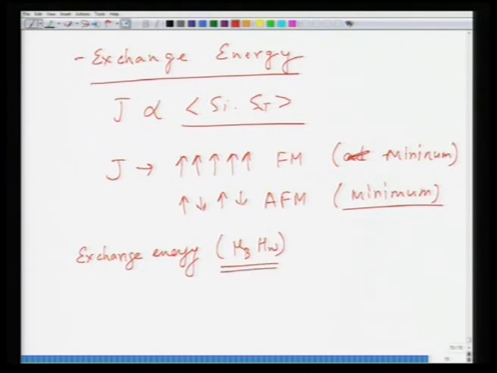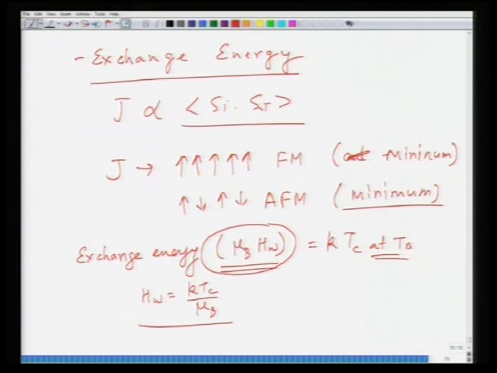If you relate it to thermal energy kT at Tc, this H_W will work out approximately to kTc divided by mu B, because at Tc this exchange energy or the internal energy will be overcome by thermal energy. That is where they become equal. And if you work out this H_W, this is very high, about 1 kilotesla or so, and these kinds of magnetic fields cannot even be produced on the best machines in the world. So, this concept of internal field is slightly wrong in that sense.